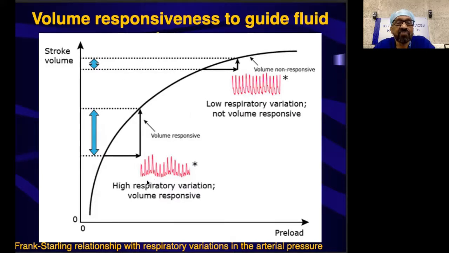And here we could use the relationship between the systolic pressure variation or the diastolic pressure variation, the pulse pressure variation, which is determined by looking at the arterial pressure waveform in the monitor. Here, the stroke volume variation or systolic pressure variation is greater than 13, whereas here it is less than 10%.